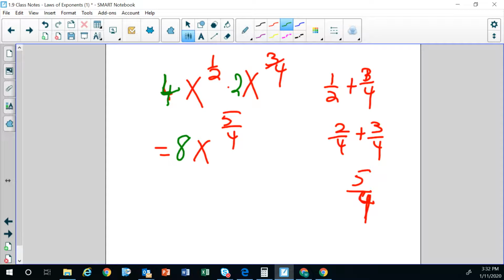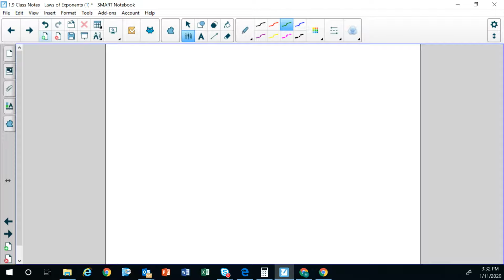Okay, let's look at one with division. Let's go with the same one: x to the 1/2 divided by x to the 3/4. We're dividing, so in this case, we're going to subtract the exponents.